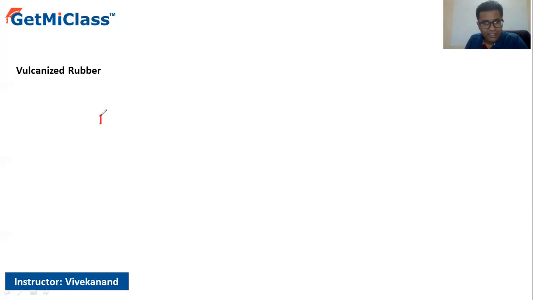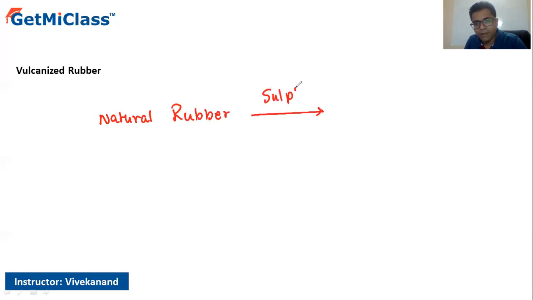So when we take a natural rubber, and this natural rubber is treated with a calculated amount of sulfur in the presence of specific additives, during this condition what will happen is this rubber gets stiff, it gets hardened.